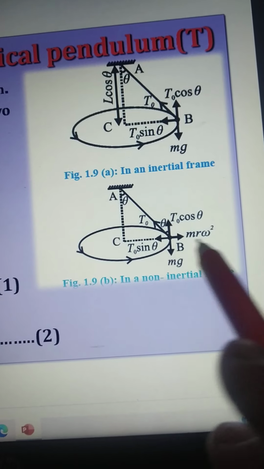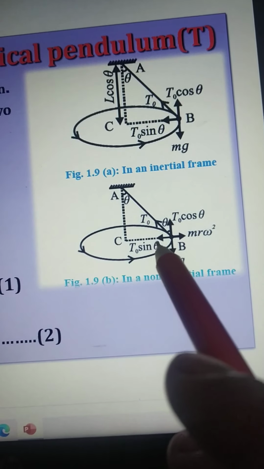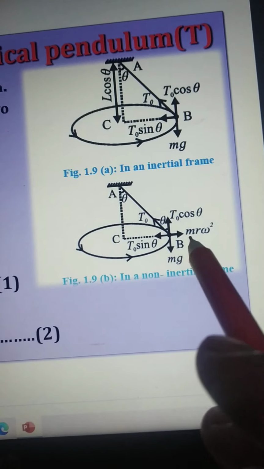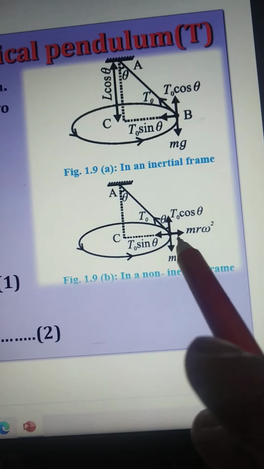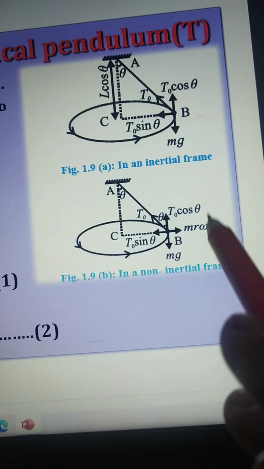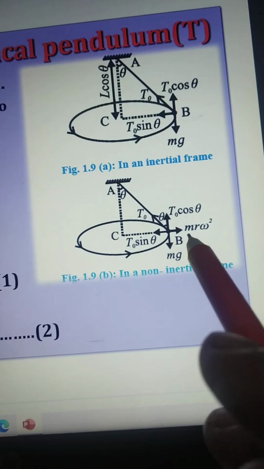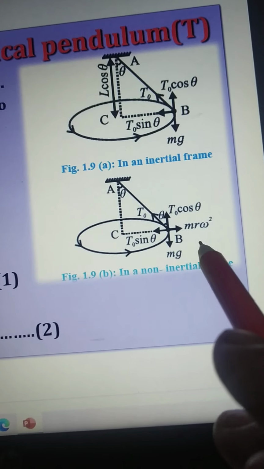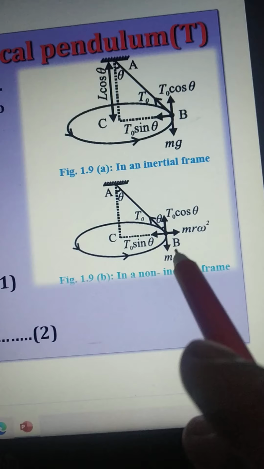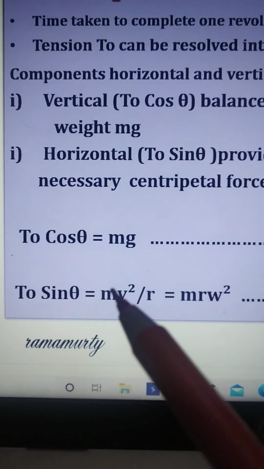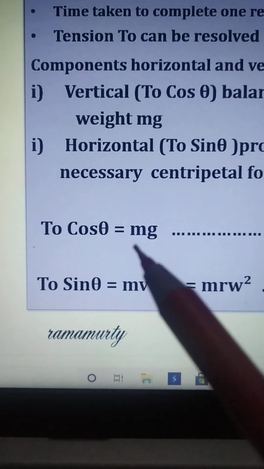In the non-inertial frame of reference, a force acts in the outward direction, so the centrifugal force acts. Here the centripetal force acts, here the centrifugal force acts. The formula is the same, but we get mr omega square, which means mv square upon r. Now let us find T, the formula for the time period.